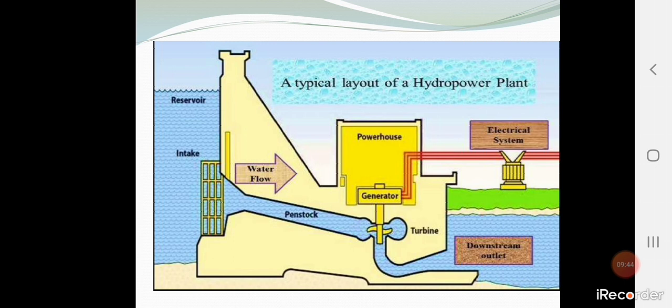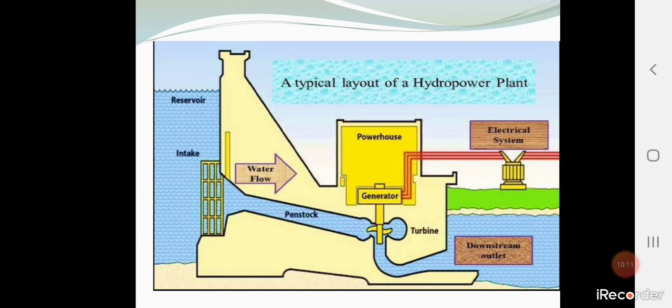The second component is the penstock. The large diameter PVC pipes used for carrying water from the reservoir to the turbine wheels are named penstock. Penstock means it's a large PVC pipe, large in diameter. In large-size power plants, all penstocks are supported by concrete structures called anchor blocks.